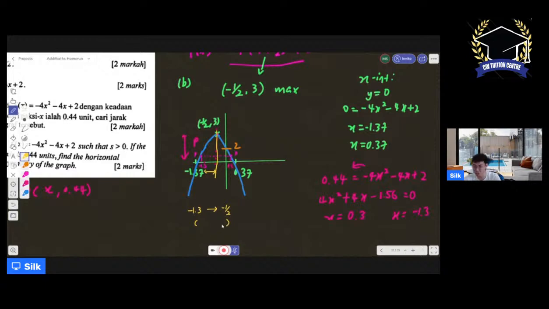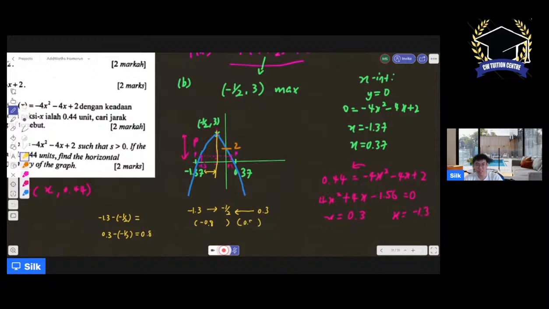What is the distance? So I use negative 1.3 minus 1 over 2. I find the distance. I get negative 0.8. So just now got another 0.3 until here. Also, I want to find the distance. The distance will be the same actually. 0.3 minus 1 over 2, you will also get 0.8.